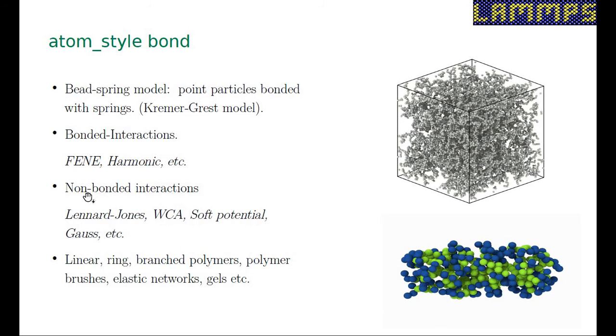Next, we must include the non-bonded interactions between point particles. This is done by using the Lennard-Jones potential, the WCA potential, or any other potential such as the soft potential and the Gauss potential.